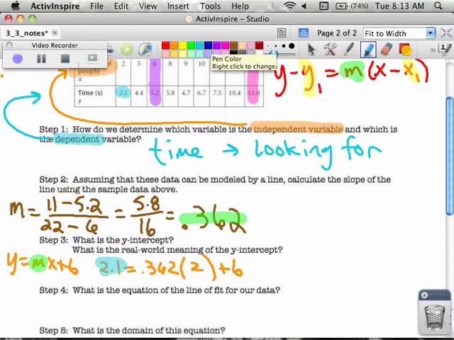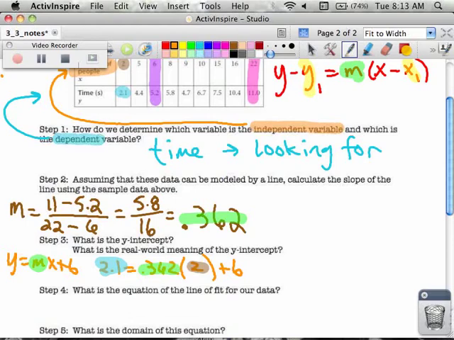The 0.362 was the slope that we calculated. And the 2 was also from the table. And all I'm doing is plugging these numbers in to find a b value, or in other words, the y-intercept. I could pick any point. I already know the slope, 0.362, and I can pick any of the x and y values from the table. And now I can find my y-intercept.